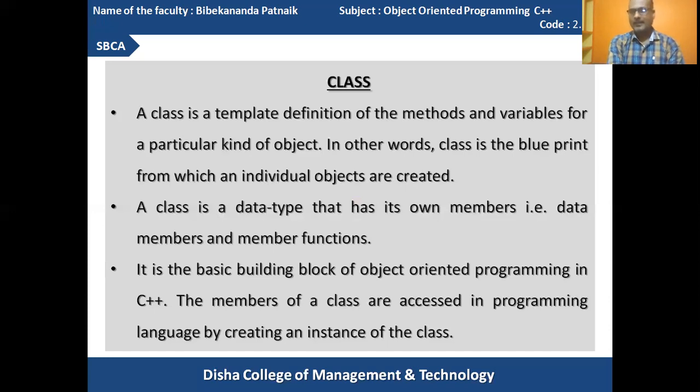The members of the class are accessed in the program by creating an instance of the class. So every individual class must have at least one object, and an object, as I said earlier, is data plus function, or data plus method. Every individual class has two specific sections. The first section is the data section, and the second is the function section, or the method section.